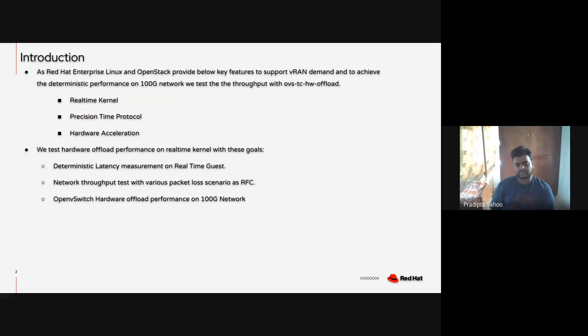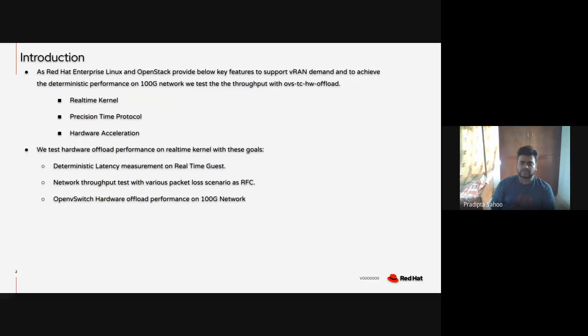To achieve this requirement, OpenStack cloud also leverages functionality like real-time kernel, precision time protocol, and hardware acceleration.